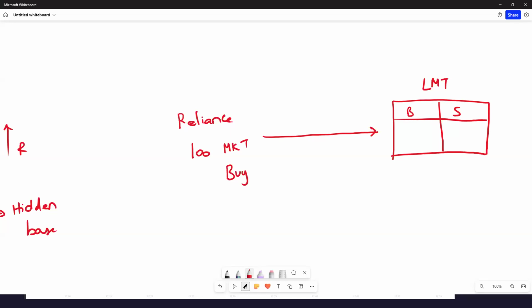If I am sending a buy order, the exchange will connect me with the top seller who is willing to sell at a reasonable rate. Let's say the rate is 2,800 or something for Reliance. So my transaction will happen with a sell limit order.